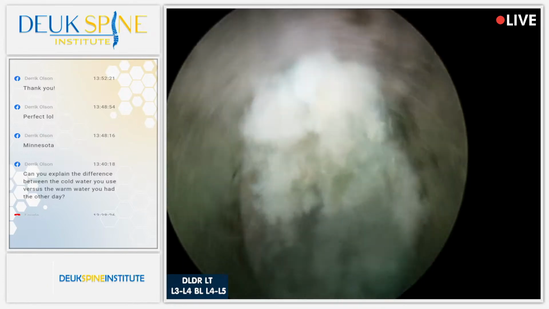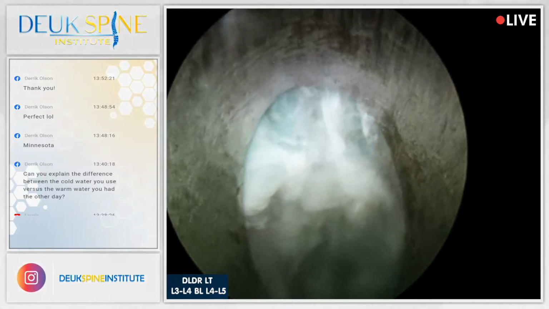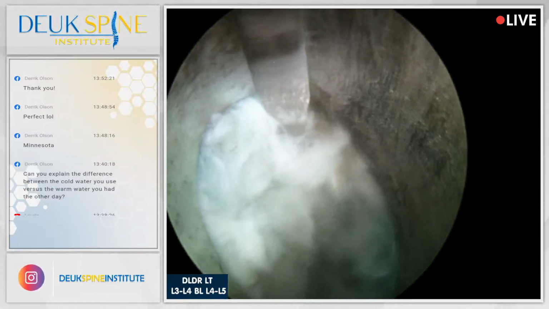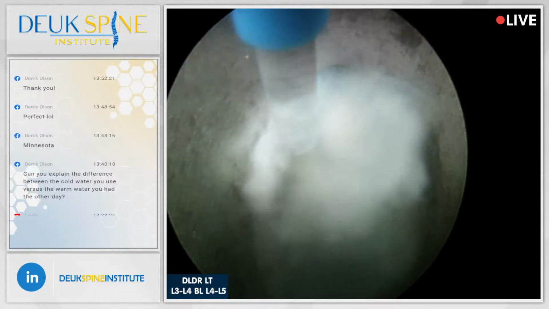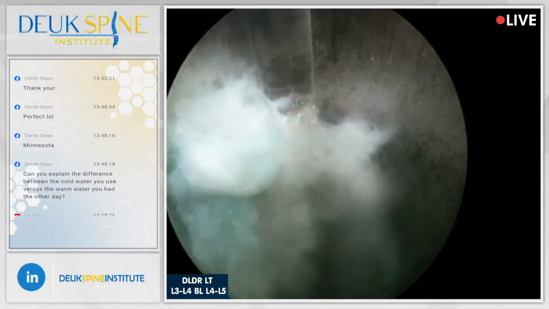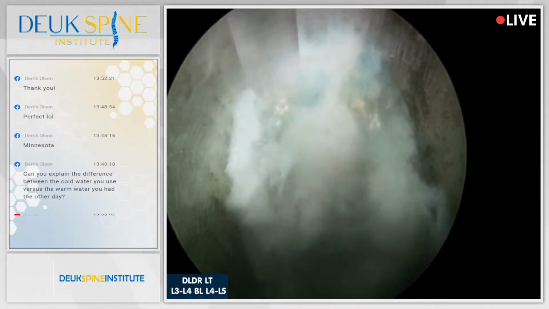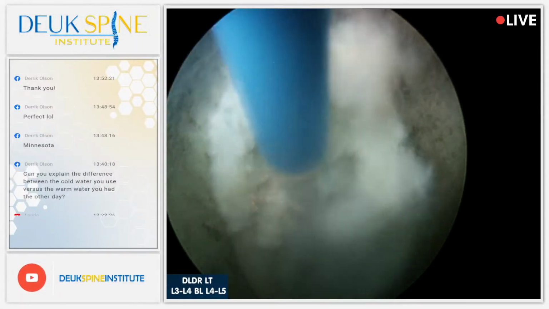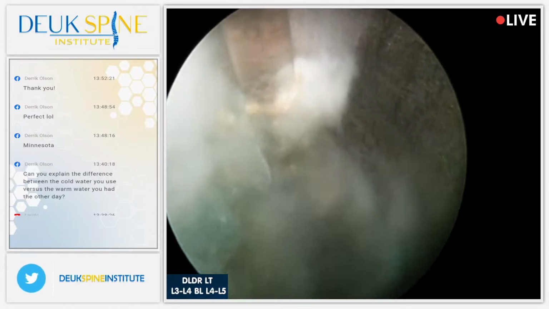So what's going to happen is there's going to be a tissue layer that forms right here, where I'm touching. It's going to go from one side of the bone to the other side of the bone. It literally will attach to the bone. And it will form a wall. Basically, it's the annulus that it's forming, the annulus fibrosus.